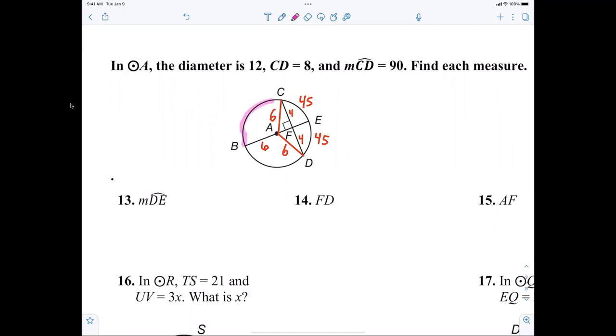What's this arc over here going to be? What's arc CB, guys? How much? 135 degrees. Same people are telling me the same thing. Come on, speak up. Then BD would just be what? 135.